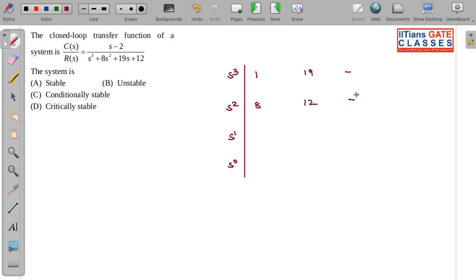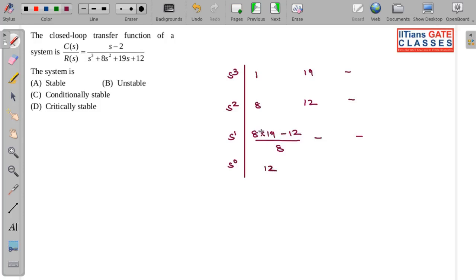Okay. So now if you start filling over here, this will be what? 8 into 19 minus 12 by 8, this will be blank. Next will be what? Whatever is this value divided by this value, so this will be 12. So 19 into 8 minus 12 by 8.